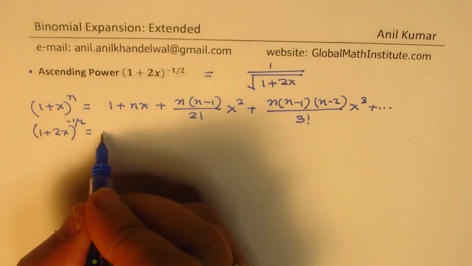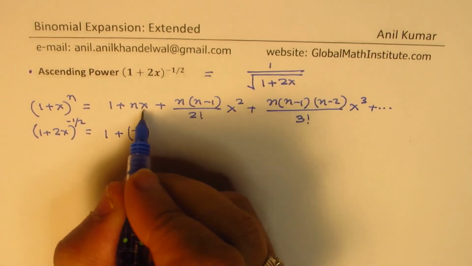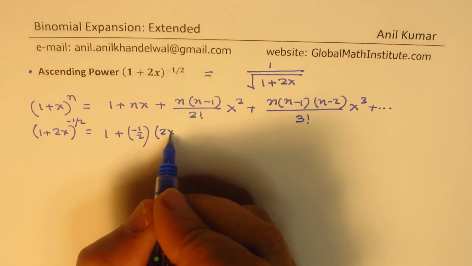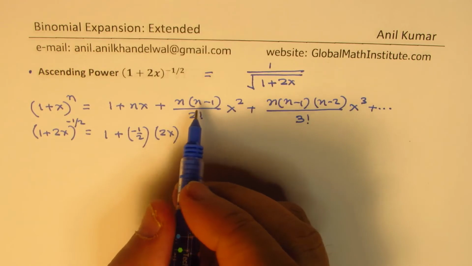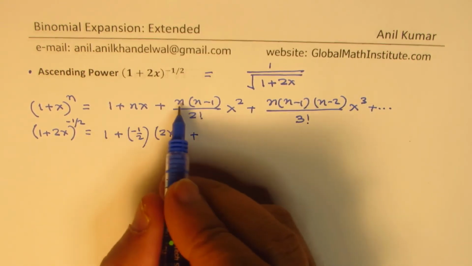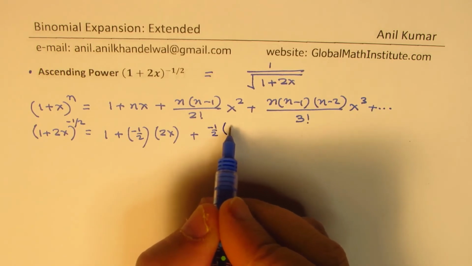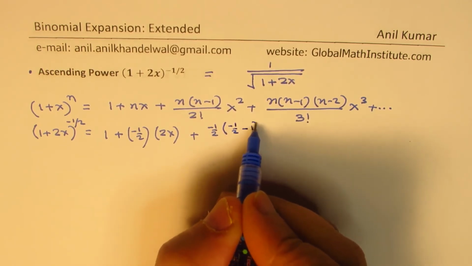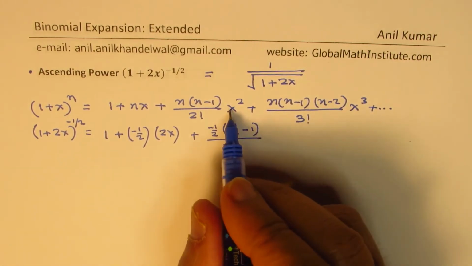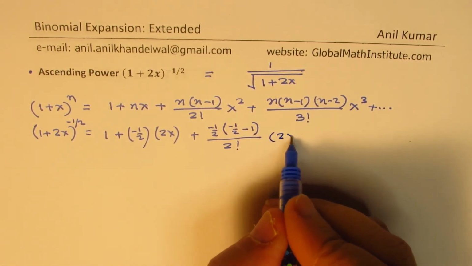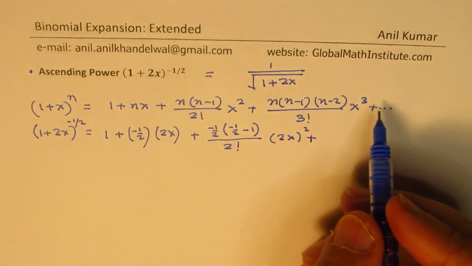Do you see that? So we get 1 plus, we have minus half here, and x will be replaced by 2x. So that becomes our second term. The third term will be, we are replacing n with minus half, so we get minus half within brackets, times minus half minus 1 divided by 2 factorial, and this x will be replaced by 2x whole square, plus so on, correct?